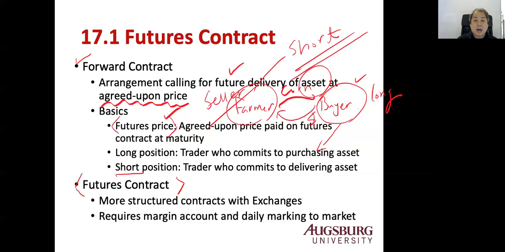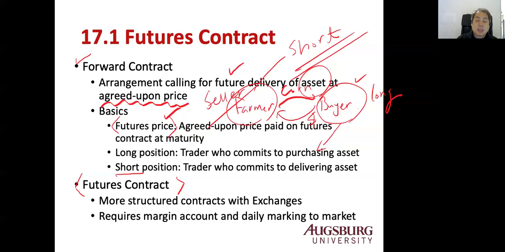There's a clearinghouse who handles this job. The concern for a forward contract is that we are not sure if our counterparty keeps the promise, right? With a futures contract, with exchanges and a clearinghouse, we are sure that they keep the promise.